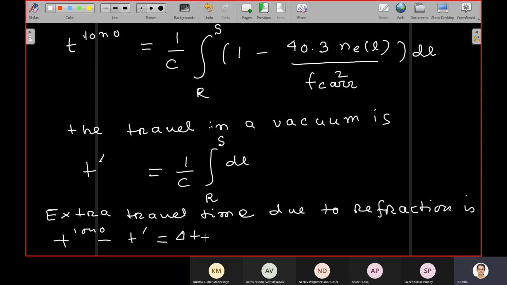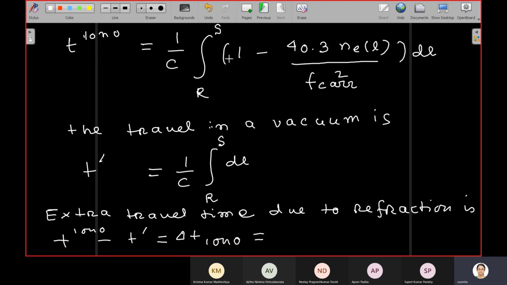This is only delta T I know that we wrote in the expression of pseudo range measurements. We need to subtract this one from this. Now see here we already have this term, right? So after subtraction we basically have the second term.